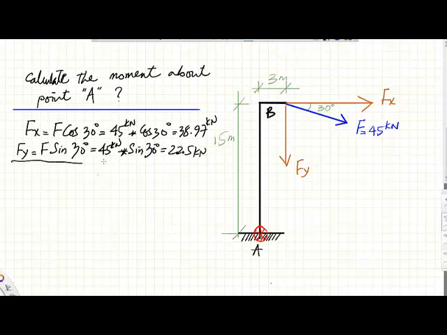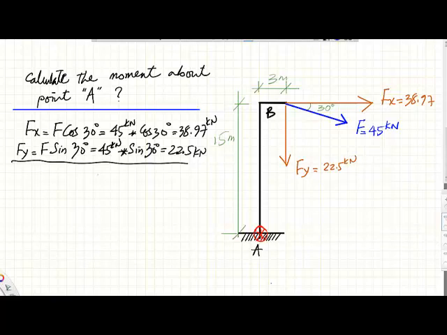So these are the values for these. We'll accept them to be forces at this point and say this is equal to 38.97, and Fy is equal to 22.5 kilonewton.